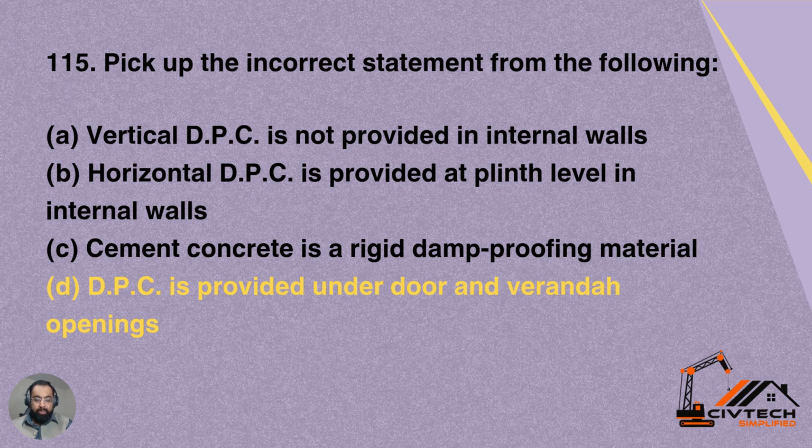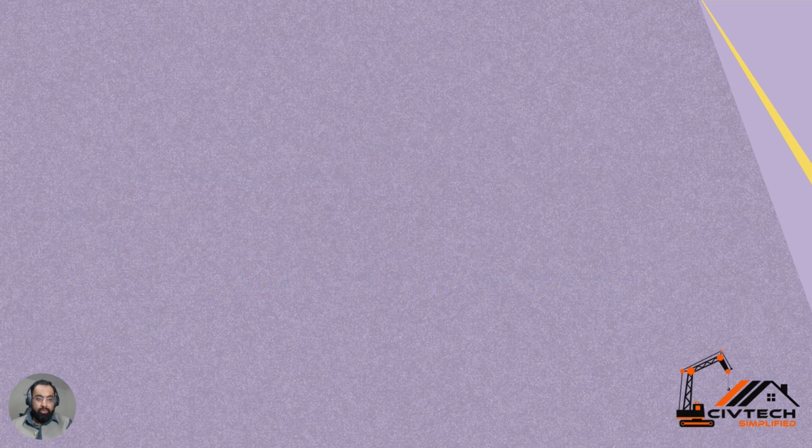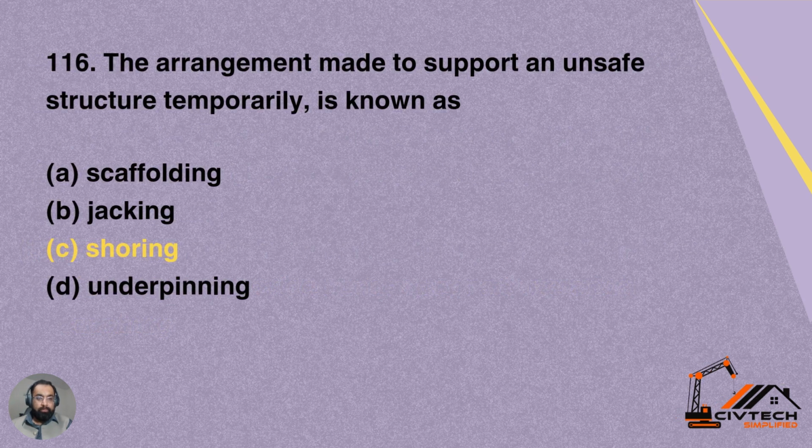So we have to pick the incorrect statement out of all these 4 statements. So option D, DPC is provided under door and veranda openings. We don't provide DPC under any of the openings. So this is an incorrect statement. Option D is correct for this question.